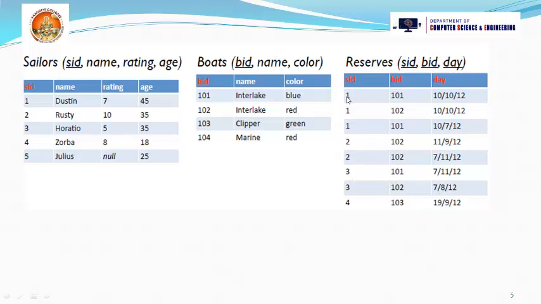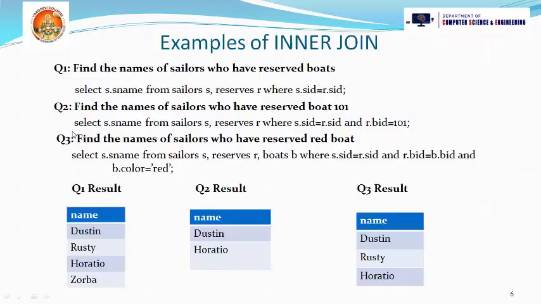Sailors 1 and 3 are Dustin and Horatio, so we get these two names in the output. So here we add one more condition to the previous query, r.bid equal to 101, because we need to display only the names of the sailors who have reserved boat 101.